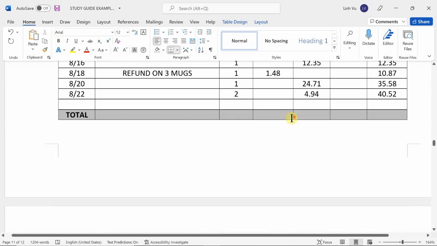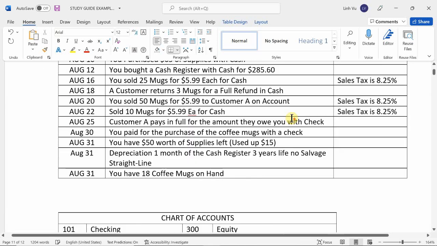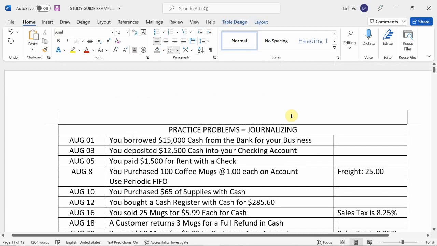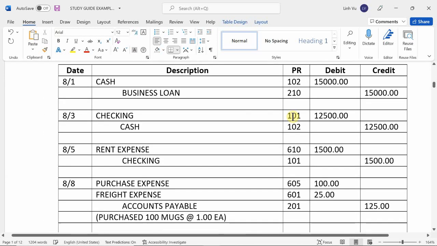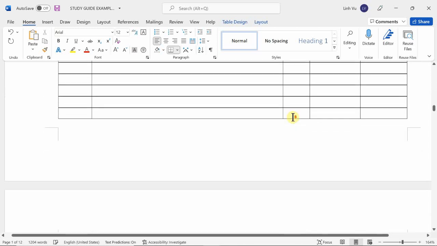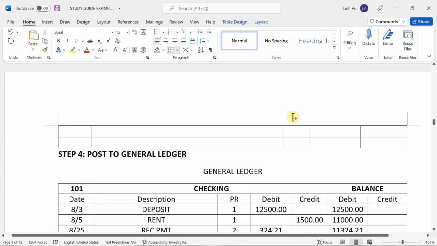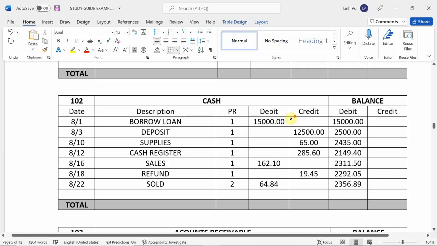I do believe that when we did our adjustment entries, we only tapped into 3 things, but that's okay. We'll go through every single account balance just to ensure our accounting is correct. Starting with the checking account, it's still at $11,199.21, so that one hasn't been touched.